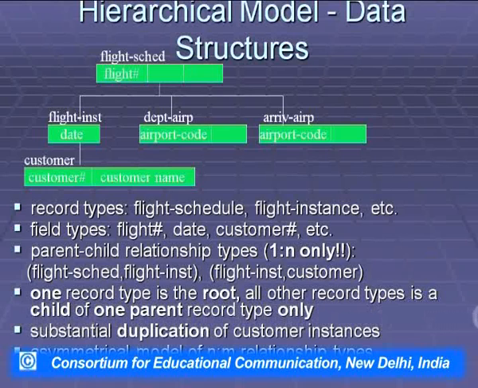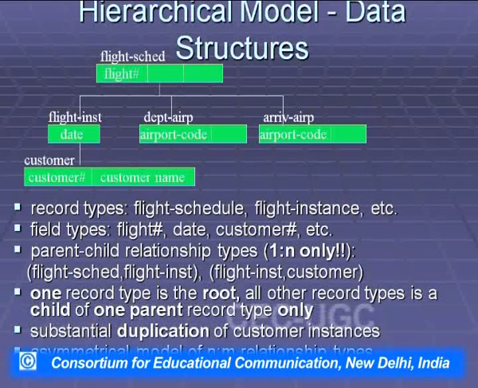You can see the record type is flight schedule, flight instance, field type is flight, date, customer, etc. The parent-child relationship type here is 1 to n only, from flight schedule to flight instance and customer. One record type is the root. All other record types are a child of one parent record type only.